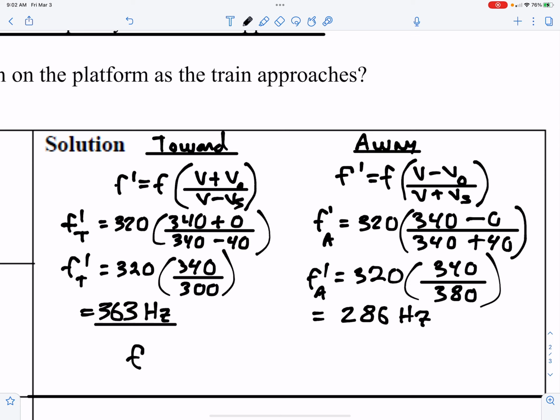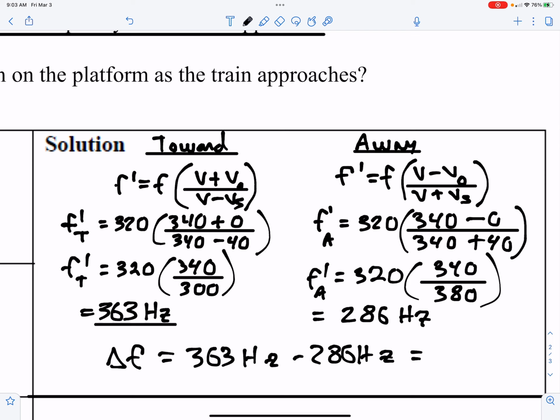Okay, so that means the change in frequency would be my higher frequency, 363 hertz, minus my lower frequency, 286 hertz. 363 minus 286 is about 77 hertz, would be the difference that you notice.